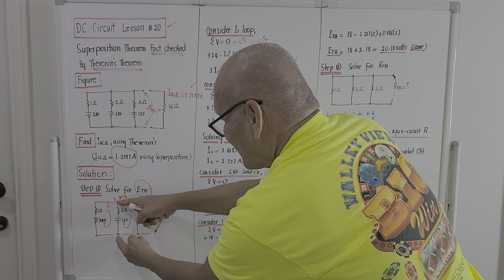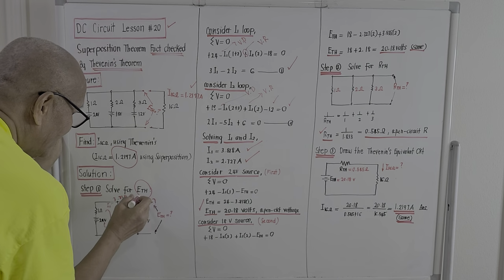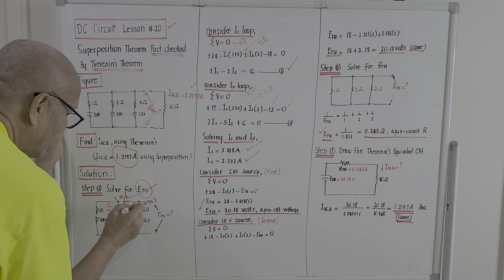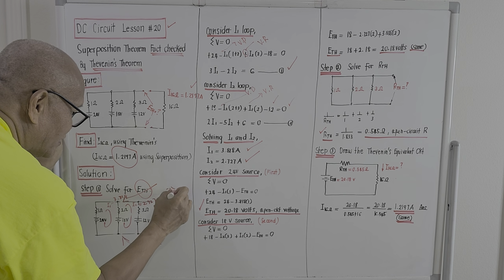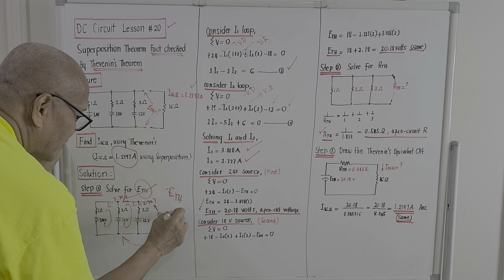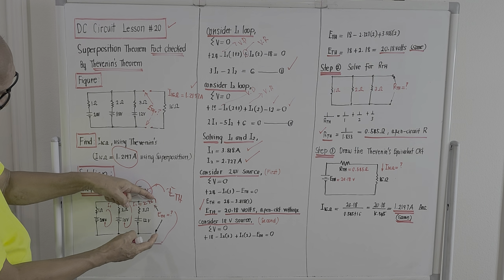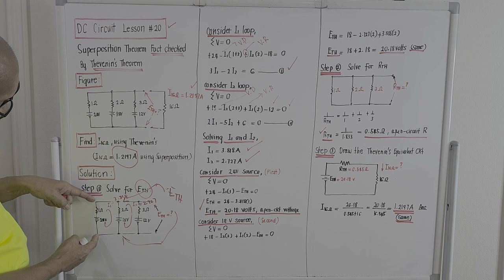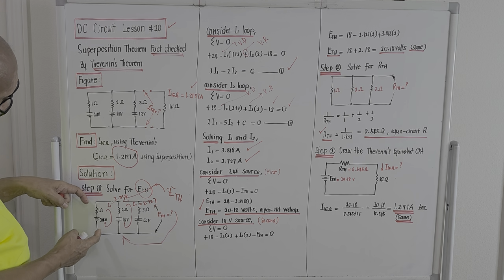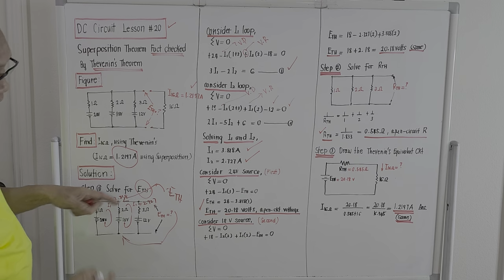This is the voltage drop, the one we are looking for. This is the same as ATH. This is still ATH. The voltage drop here is the same as this one, the same as this one. So if we take the summation of the 24 volt source, 24 minus the drop here is actually ATH, because the voltage that appears here is ATH.